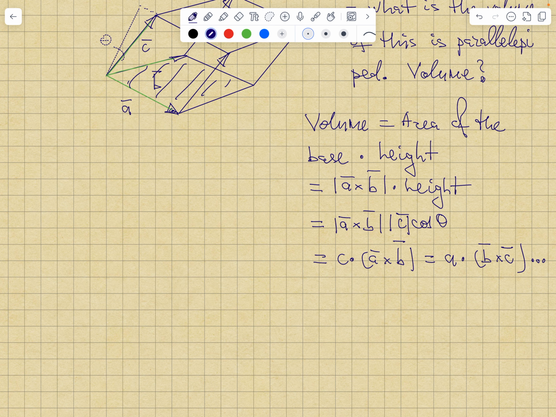And so then the volume of the parallelepiped is going to be, as a mixed triple product, a determinant of numbers which are components of your vectors.